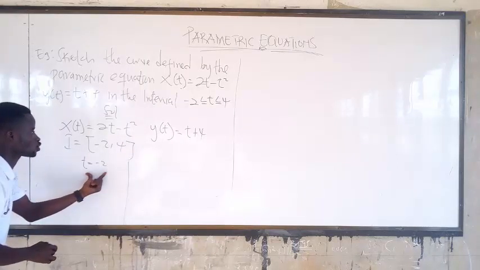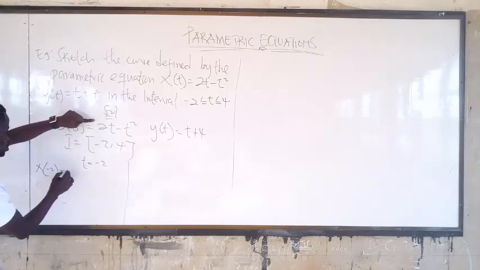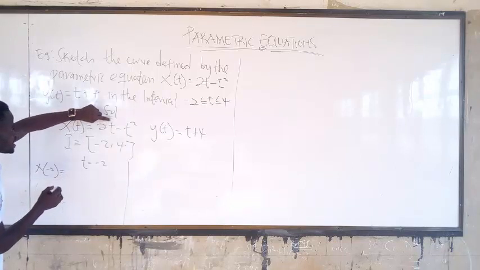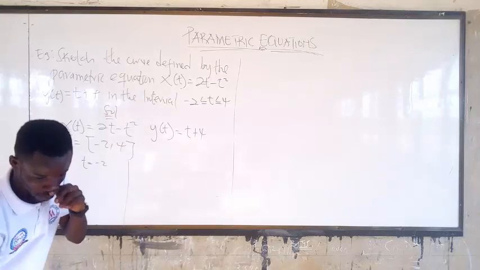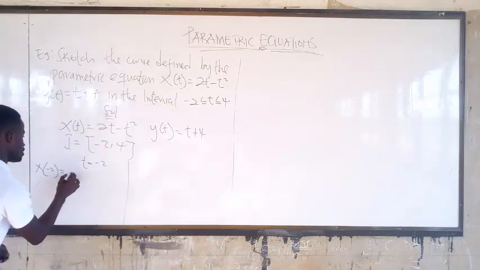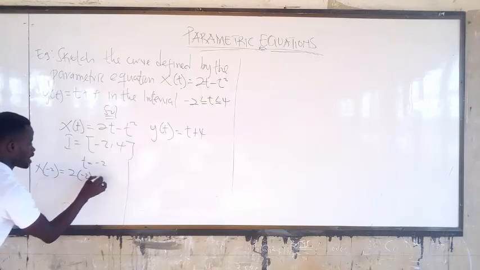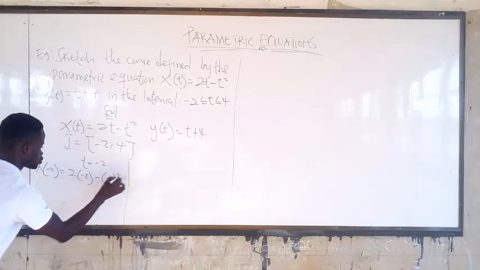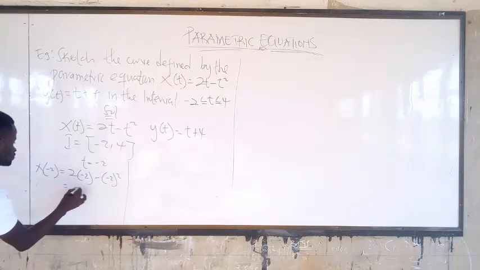So here our initial point is going to be x of negative 2 being equal to, so put negative 2 here, what will you get? Alright, so you get 2 times negative 2 minus negative 2 squared, and this will give you negative 8.